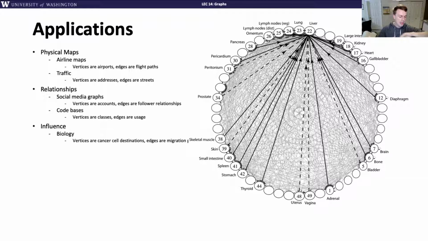I'm not a biologist, I have no idea how anything in the body works. But these nodes are some kind of biological system. The edges, the relationships between them, are how one thing affects another. And then they're trying to learn what this graph is by doing experiments and gathering data. They're trying to figure out what is the underlying graph that dictates how the physical world works.